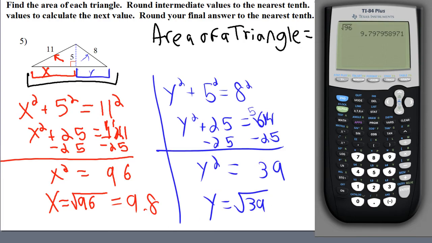Again, let's use our calculator to check out what that value is equal to. So we go in our calculator, hit second square root button, 39, enter. We get 6.24, or rounding down, 6.2. So y is equal to 6.2.